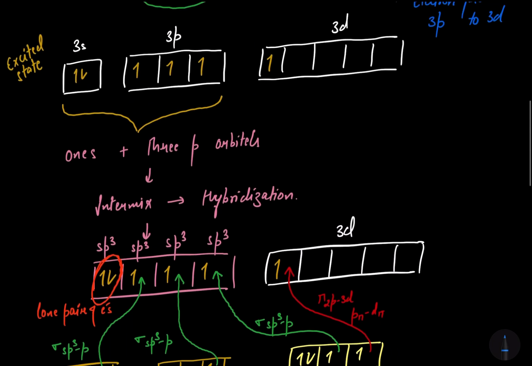And the other energy consumed is during the intermixing of atomic orbitals, or we can say the hybridization energy. So here is also the consumption of hybridization energy.